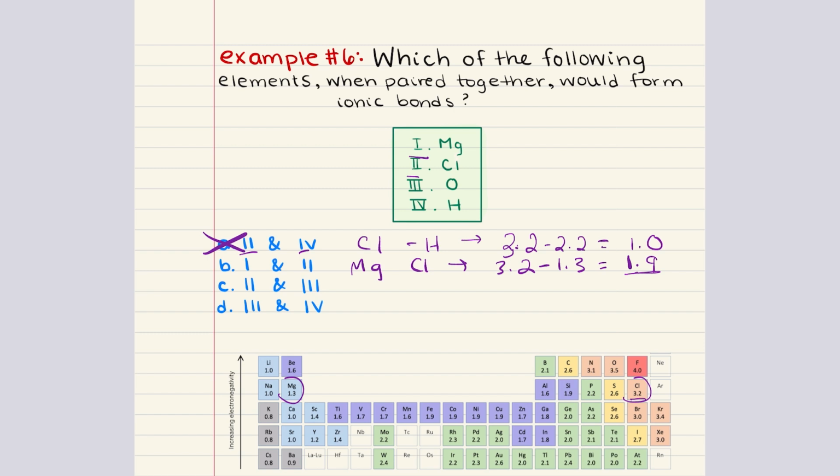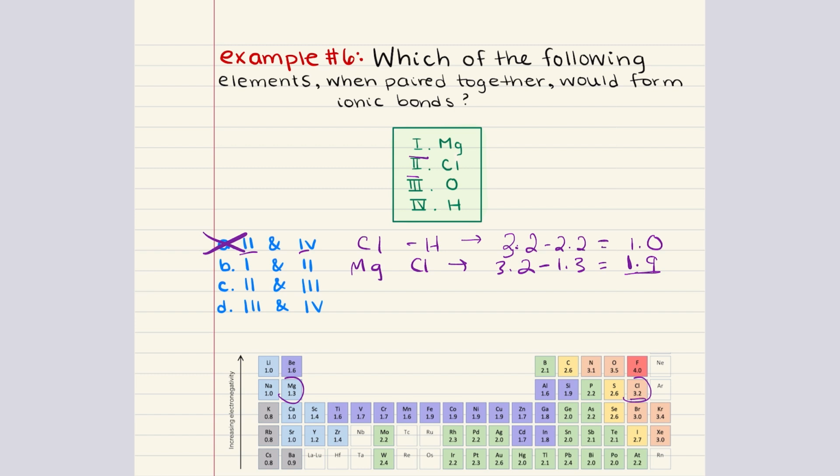Any electronegativity difference of 1.7 and greater means that these two elements are going to form an ionic bond. So magnesium and chlorine are going to form an ionic bond. And this makes sense because magnesium is a metal and chlorine is a non-metal. And ionic bonding typically happens between metals and non-metals. So B is correct, but we're going to work through the rest of these answer choices.